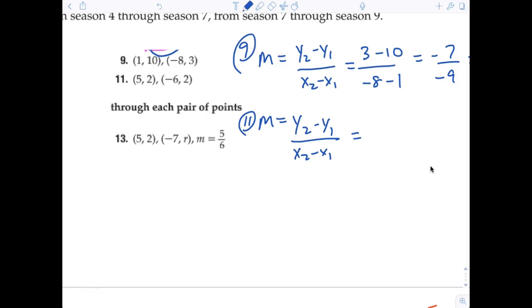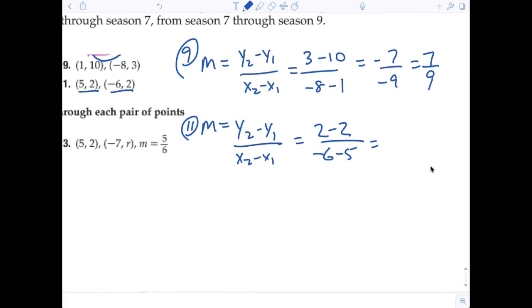What am I doing? Looking at these points right here, buddy. Come on now, you can do this. Exactly. So far, so good. 2 minus 2 over negative 6 minus 5. You're awesome, buddy. That's very good. What's 2 minus 2? Over, which automatically means it's just what? 0 divided by anything is 0.